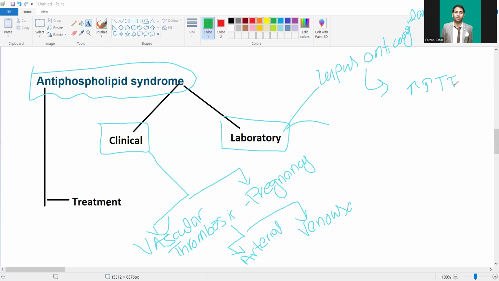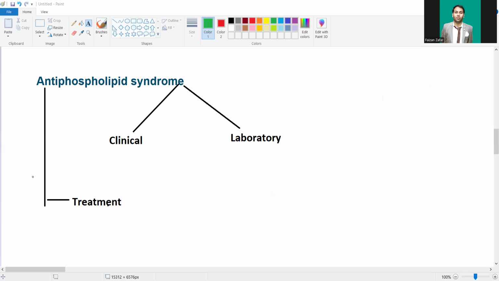The second one is the anticardiolipin antibody, which may lead to false positive VDRL and RPR tests.